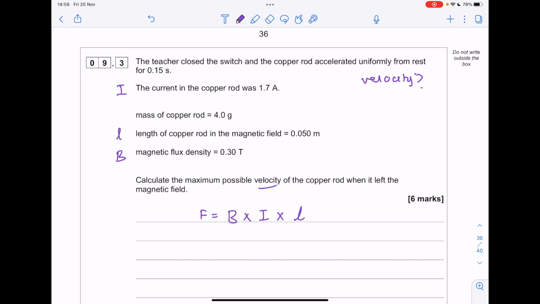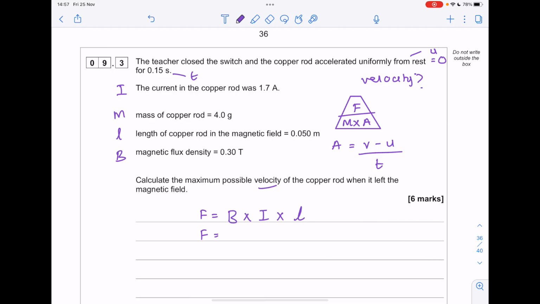However, if you remember this formula triangle here, which states that force is mass times acceleration, because we have a mass here and we'll be working out force here, we'll be able to find acceleration. And then finally, remember, acceleration is change in speed, so v minus u over t. And we have a t value and we have a u value because that's 0. So by using these three separate equations, we should end up at our final goal.